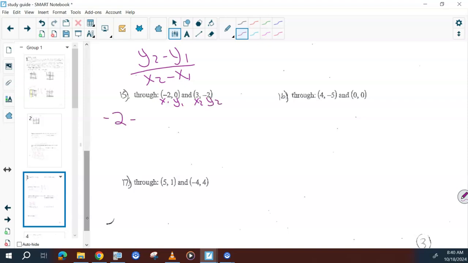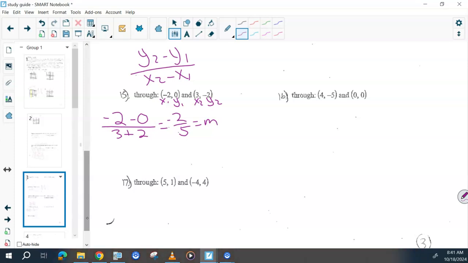We have negative 2 minus 0 over 3 minus a negative 2, or plus 2. What would that slope be? Negative 2 over 5.